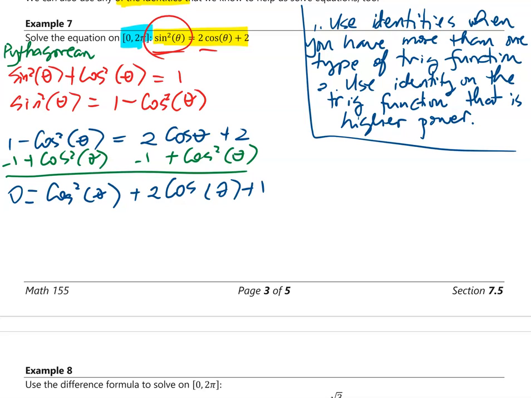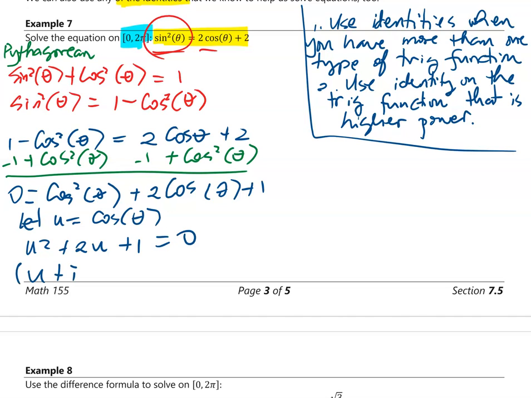And now you can let u is equal to cosine theta, so that this is u squared plus 2u plus 1 is equal to 0, and the factors are u plus 1 and u plus 1, so that u is equal to negative 1, and we'll use that here.